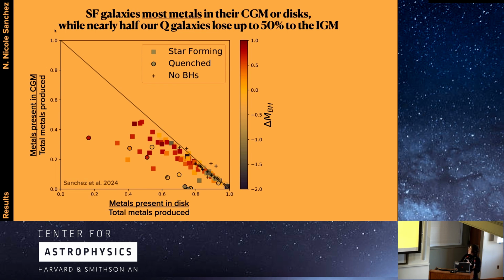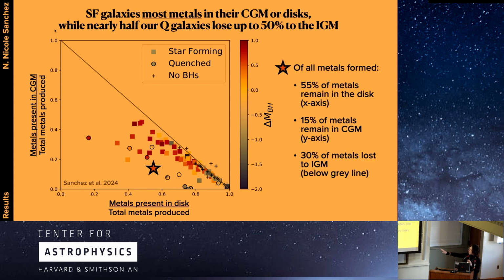To be more clear about how you can interpret this plot, if we take one red point here, this galaxy has 55% of all of the total metals formed in that galaxy in the disk, see along the x-axis, with 15% of them remaining in the CGM.